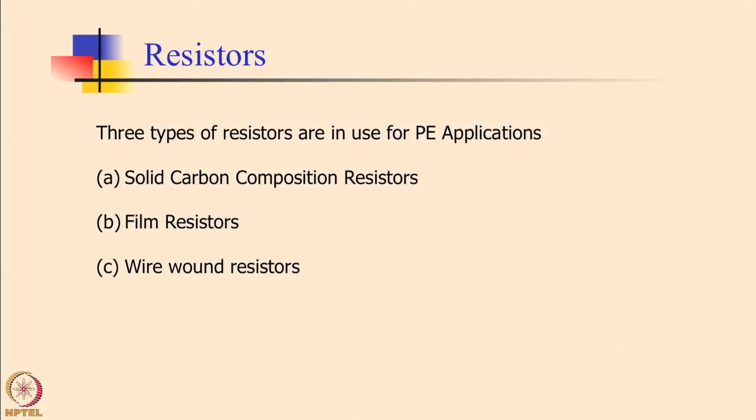The film type and the wire wound resistors have a cylindrical or tubular core made of pure ceramic. For the film type resistors, the carbon or metal film is placed around the ceramic body and precisely cut in the form of helical grooves, which gives very accurate resistance values up to 0.1% tolerance. The wire wound type resistors use nickel chromium, or nichrome, wire.